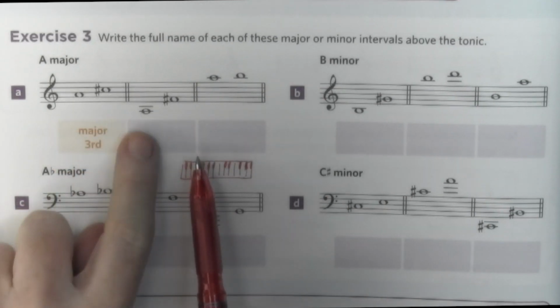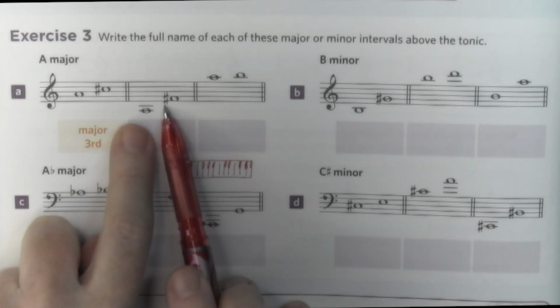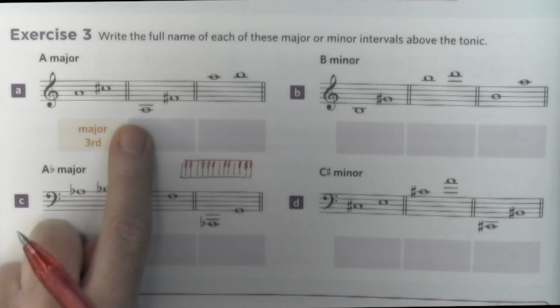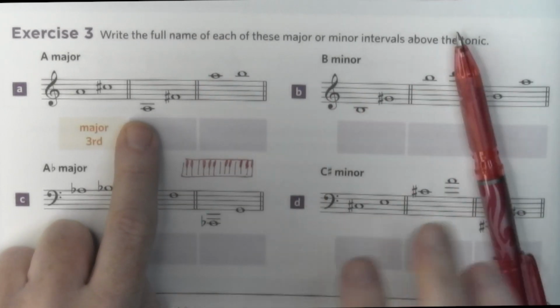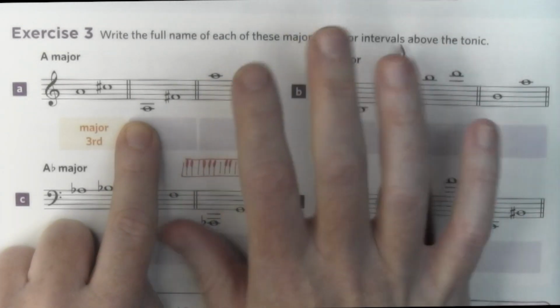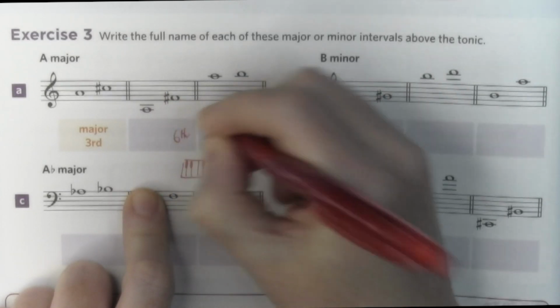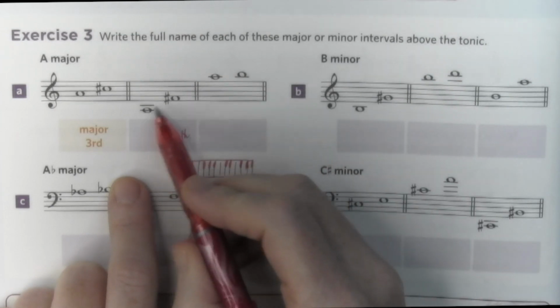Okay, first of all, we need the number, because with the number of the intervals, we can have a major or a perfect interval to start with. La, si, do, re, mi, fa. This is a 6. What kind of 6? We flip it over. Okay, we have fa sharp, la.